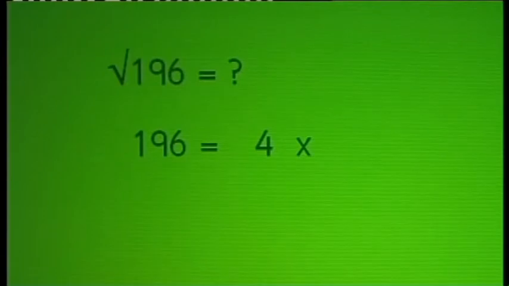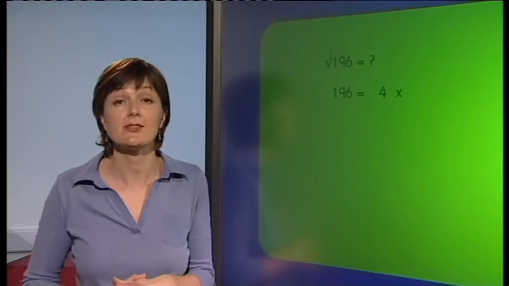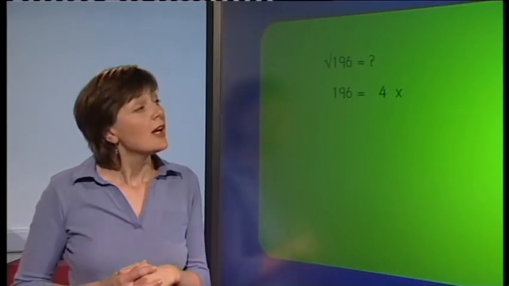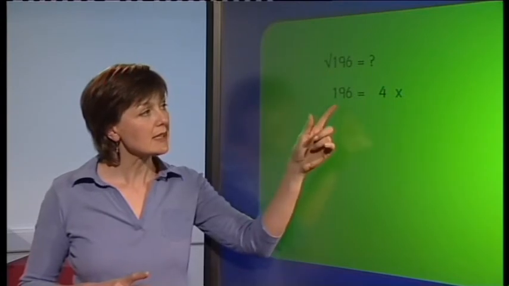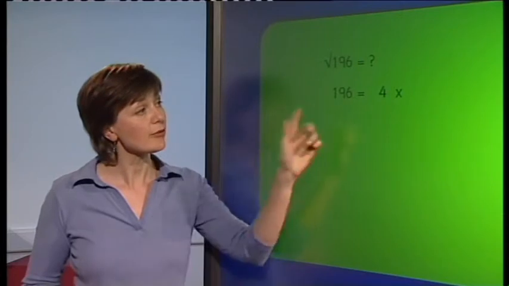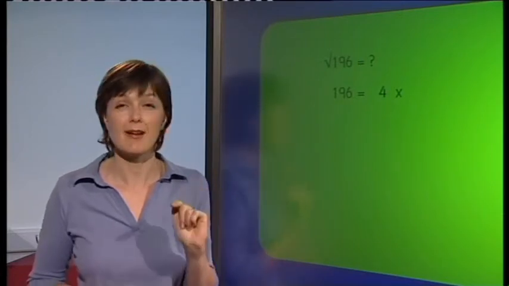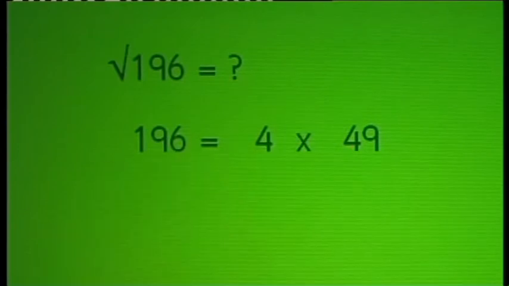What's the other factor? I can just about do this mentally, but it wouldn't matter if you needed to use a calculator. 196, 4s into 19 go 4, that would be 16 with 3 remaining, and then 4s into 36 go 9, so the other factor is 49, and that's nice because that's another square number.